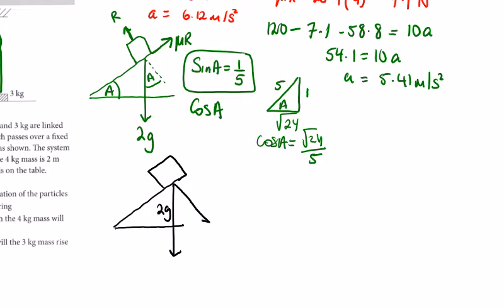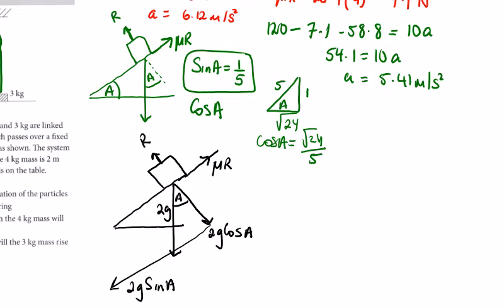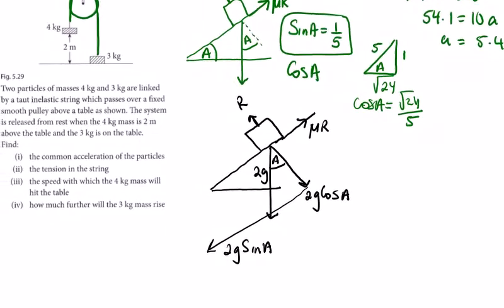So this one along here, straight down, opposite my reaction, is going to be 2g cos A. This one going back in this direction is 2g sine A. It's going down the slope, so in this direction I have mu R, we're told the coefficient of friction, and in this direction we have my reactionary force. So there's nothing else I don't think here, so let's have a look at resolving these forces.